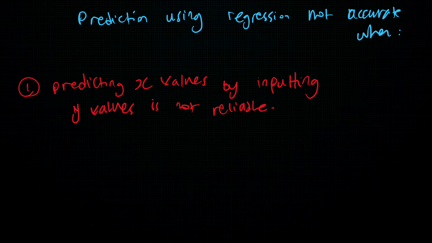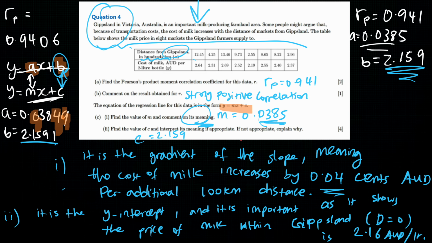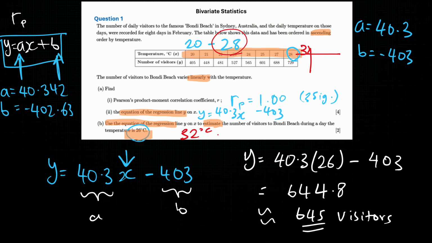What do I mean by that? In the context of this question, we are asked to calculate, not in this question, in the first question actually, to calculate the number of visitors to the beach based on the temperature, which was the x value, right? If we were instead given the number of visitors, say we had a number of visitors being 904, that would mean our x value is provided, and we're trying to find the y value of the temperature at which it corresponds.